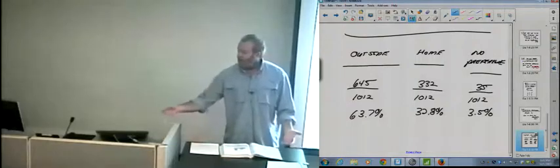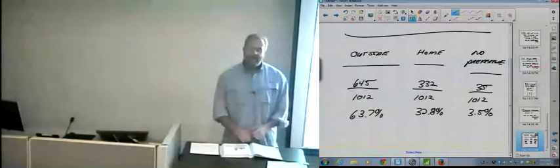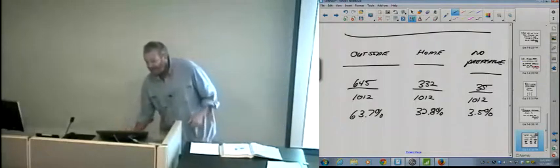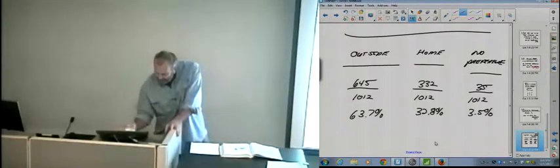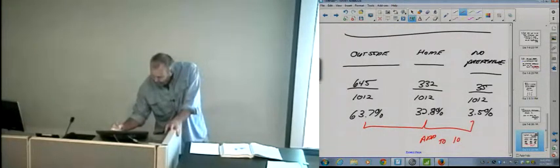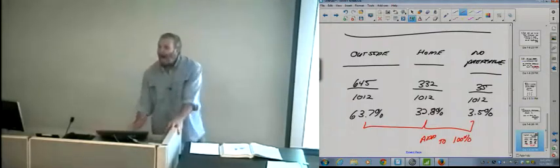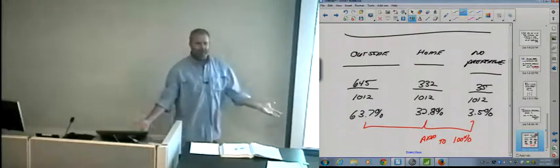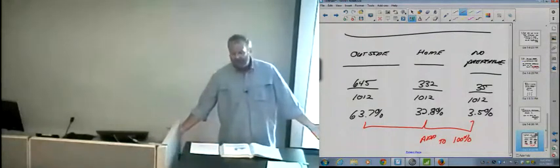Yeah? If I add those three percentages, what do they add to? You understand that if I take these three together and add, why? Because everybody in this table picked one of those three preferred lifestyles.